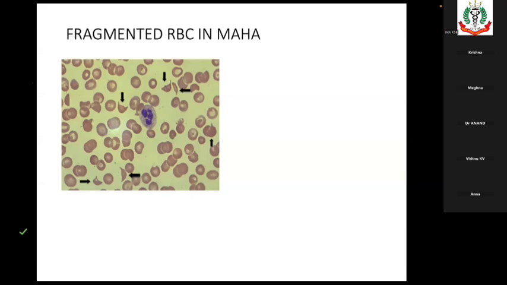By an elevated FDP, fibrin degradation products. The other coagulation parameters will also be increased, like PT and APTT. So that is microangiopathic hemolytic anemia. Remember the three entities, I'm repeating: DIC, HUS, TTP, and learn more in detail about DIC.